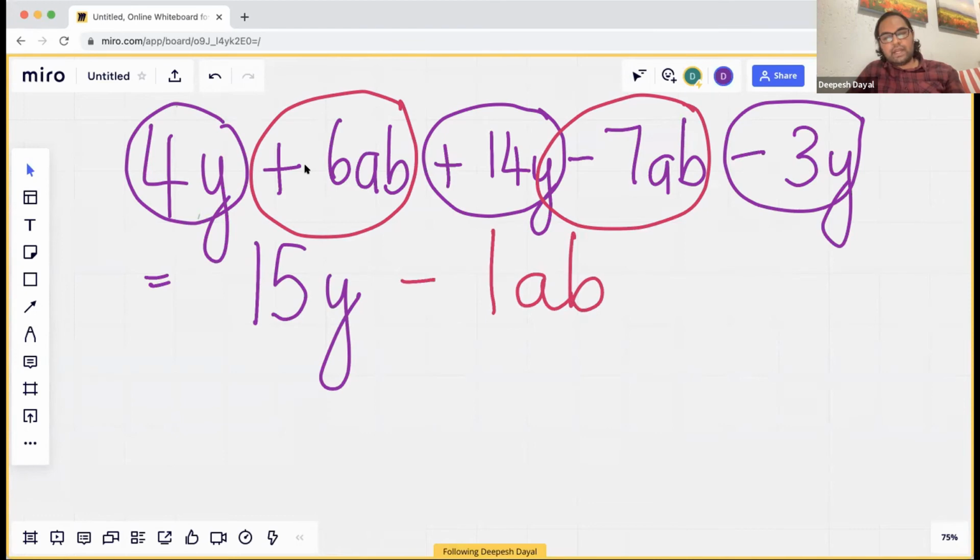So 15y minus 1ab. Yes, very good. Buckland's written it around the other way. He said minus 1ab plus 15y. It's fine, as long as the signs are right. It's the minus ab and then plus 15y, right? Well done.